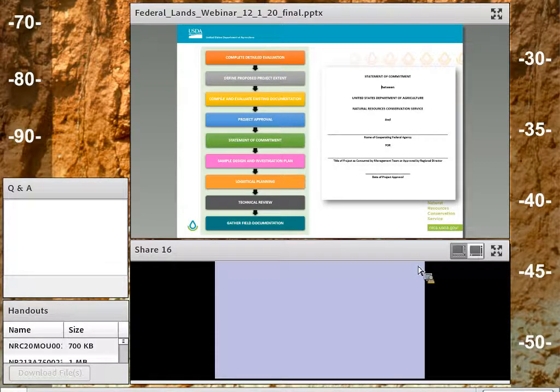This process really is not meant to be intimidating. However, like most projects that we work on, they do require moving through each step in an organized and well-thought-out fashion. Below you see that I have listed the first few steps in the life cycle of a non-funded working agreement through the statement of commitment.